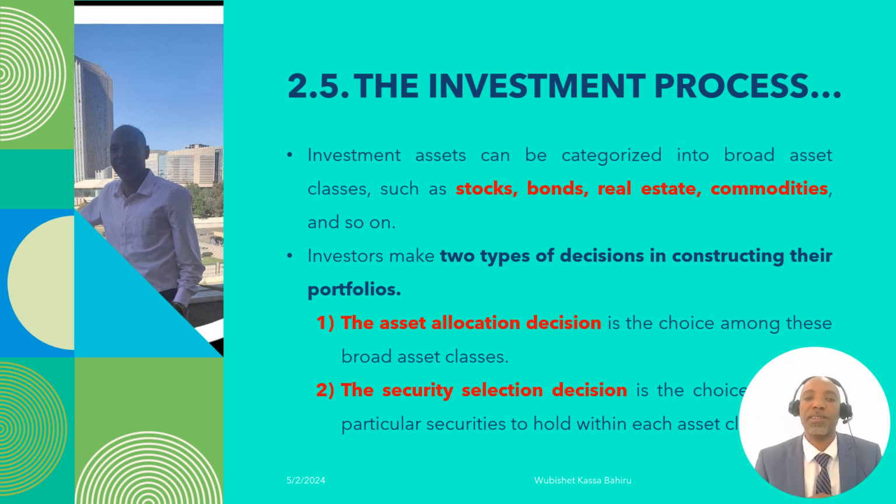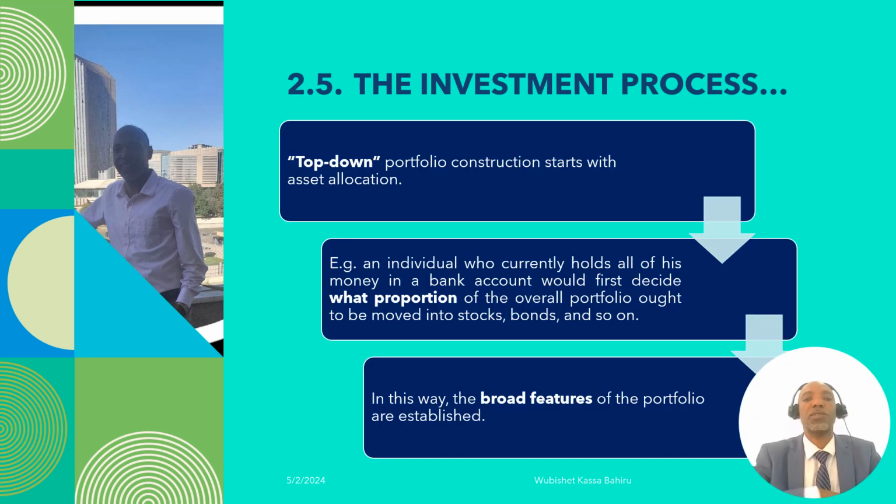The investors must decide its allocation. The second one is security selection. This is the specific and particular choice that an investor needs to make among those stocks in order to construct the portfolio of the investment.